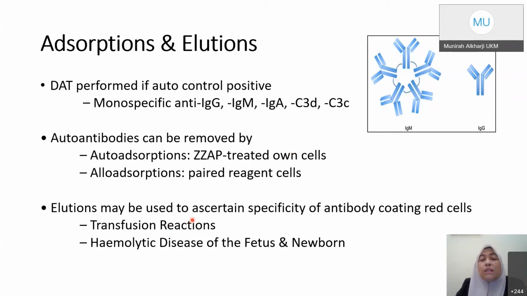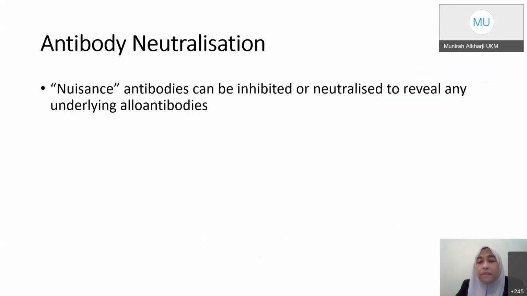Elution may be used to determine the specificity of antibody coating on the red cell, usually in cases due to transfusion reaction or hemolytic disease of the fetus and newborn. As for antibody neutralization, we want to inhibit or neutralize all nuisance antibodies to reveal any underlying alloantibodies.